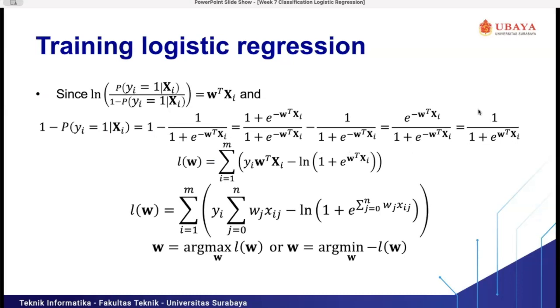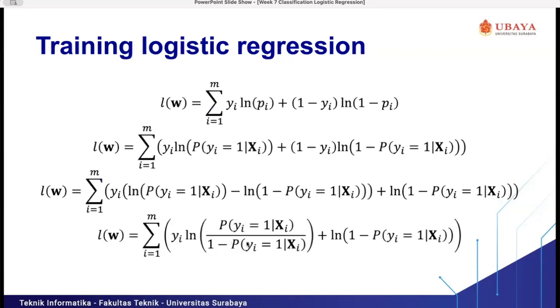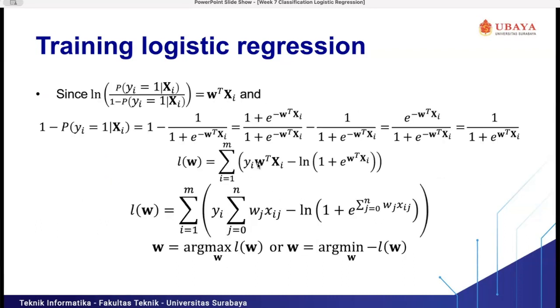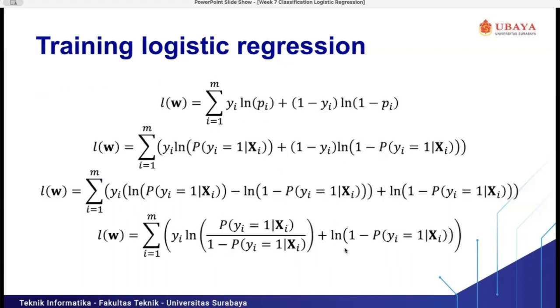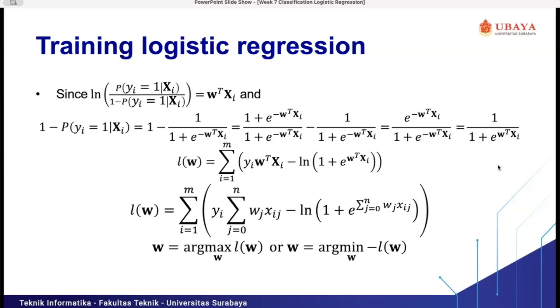Okay, we can move to the right values here, and we can change these values with W transpose Xi, right? And also these values we will change with these values, right?